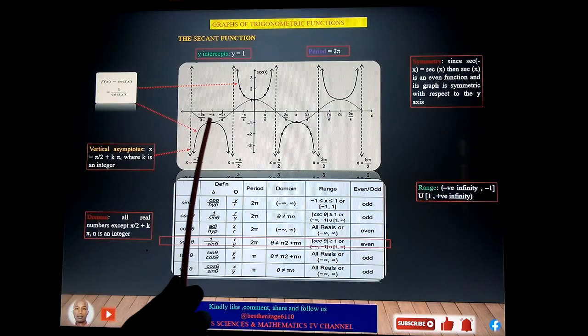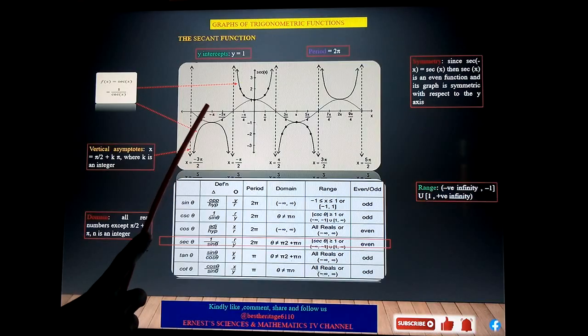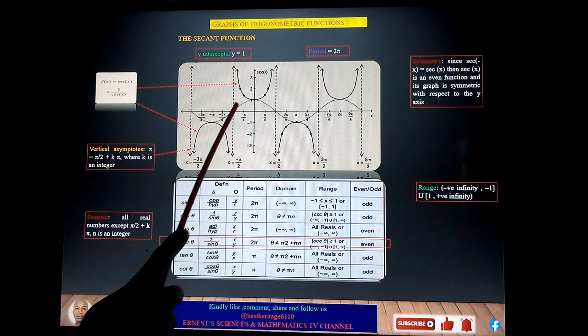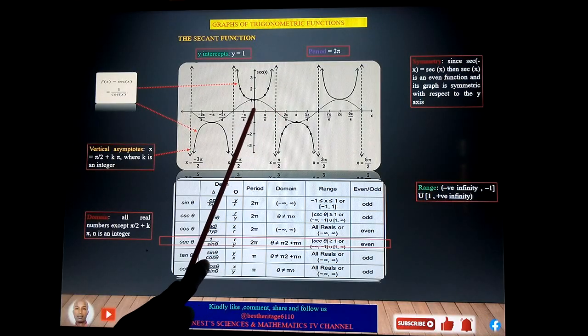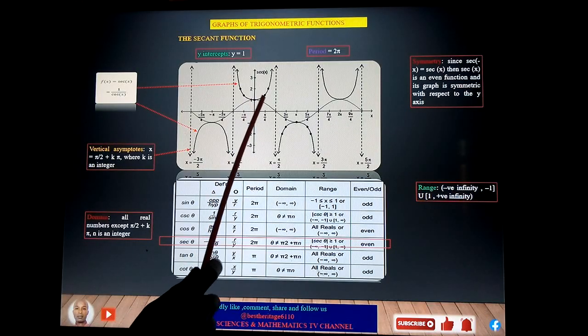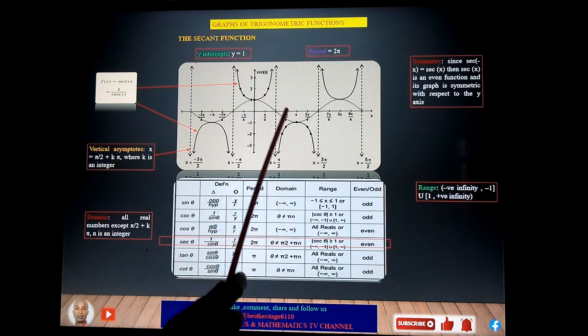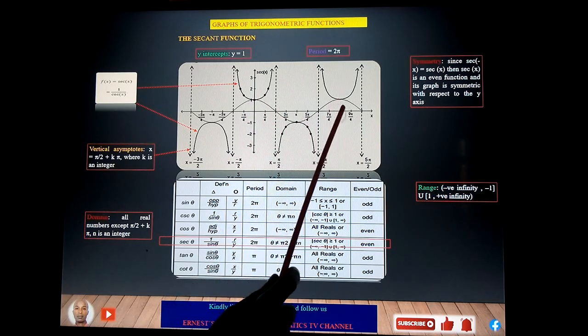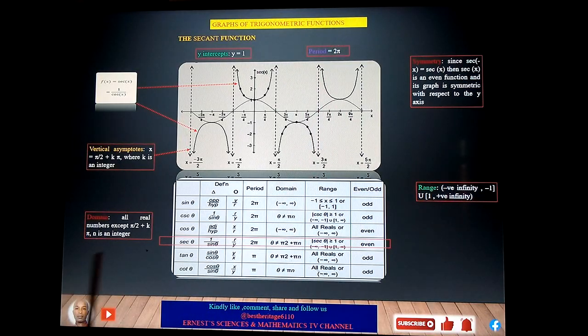If we compare this in terms of cycles and try to illustrate the concept of a period, one full cycle is going to move from this specific point, the point of origin, and terminate at this point. This is going to terminate at 2 pi, which forms the period for a full cycle of the function sec of x.